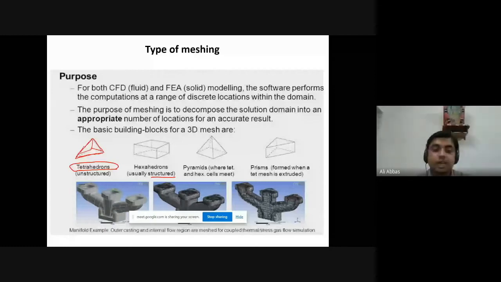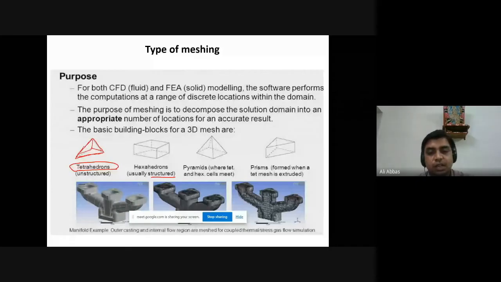Generally, meshing software automatically makes an unstructured mesh. So making an unstructured mesh is not a challenge. All meshing software automatically provide this, but you need to check the quality there. But to make the hexahedral mesh, that is the art.